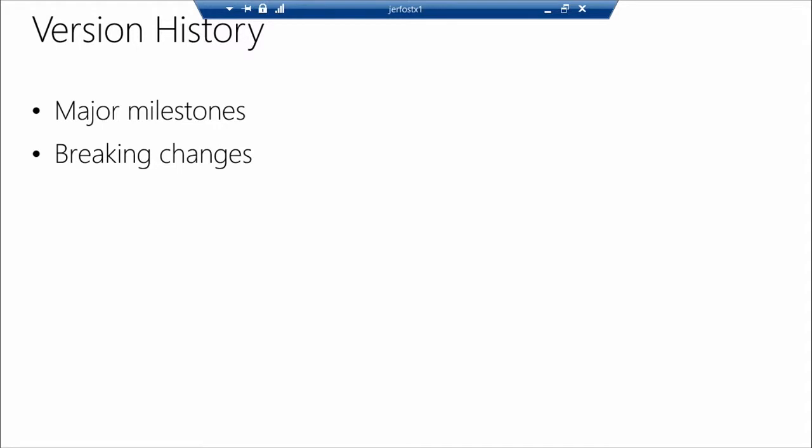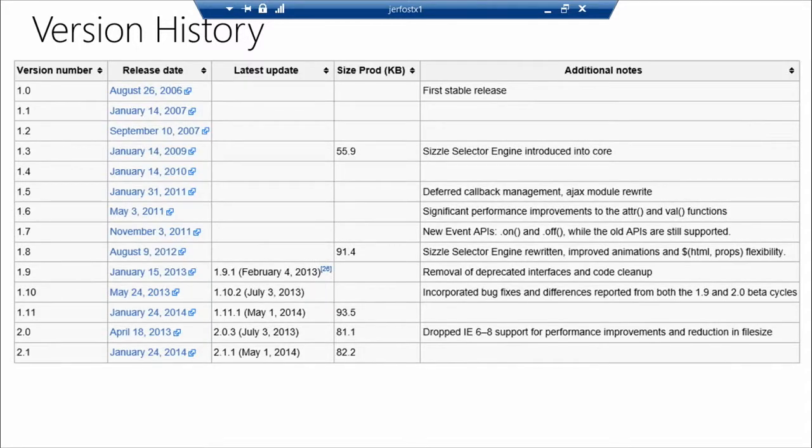Cool. All right, well, let me show you a chart here of the version history of jQuery so you can get an idea of what the major milestones are and what the breaking changes are. I pulled this directly from Wikipedia, and it shows you from August of 2006 when version 1, the first stable release, came out. There have been a number of subversion changes.